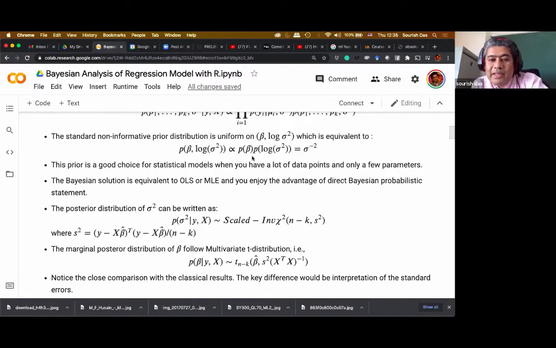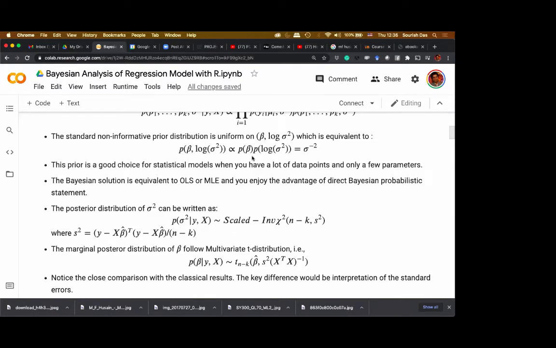I'm just assuming that there is independence, but if there is a dependence between these parameters beta and sigma square, then the posterior will pick it up, as the posterior will be structured in a data-driven way. In the prior, we can make whatever assumption we want, but we hope that the posterior will pick up that structure, that if there is a correlation between these parameters, the posterior will.